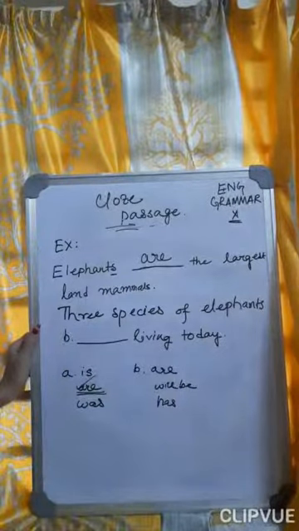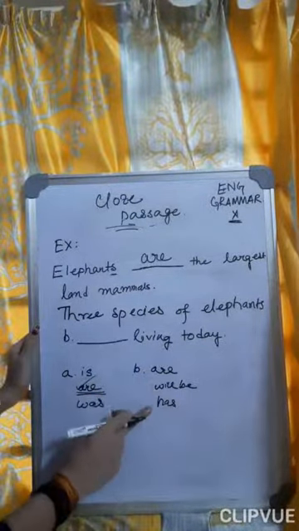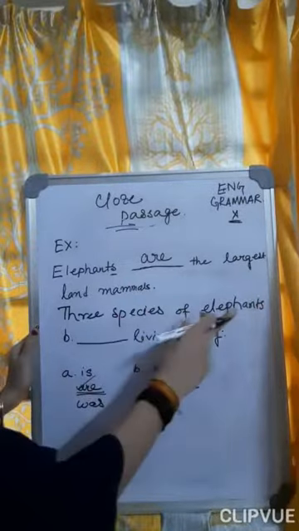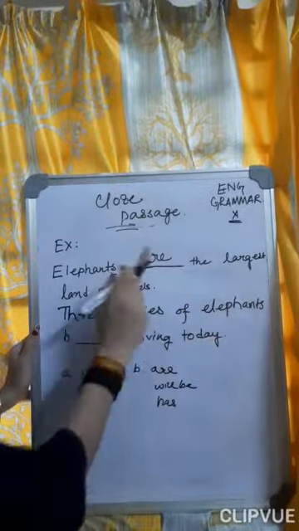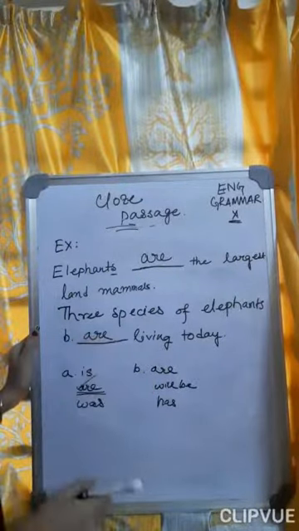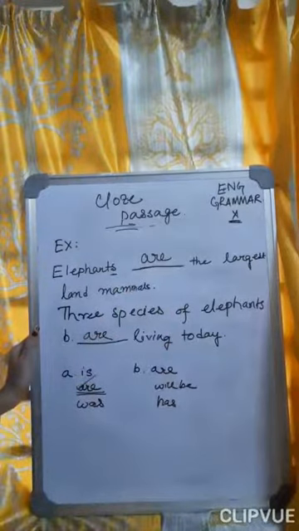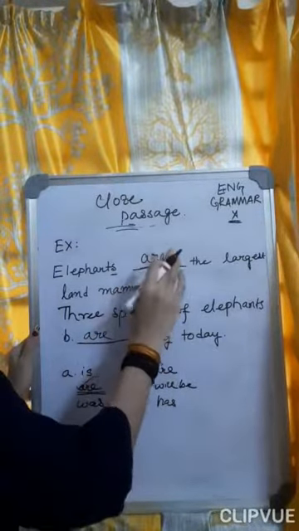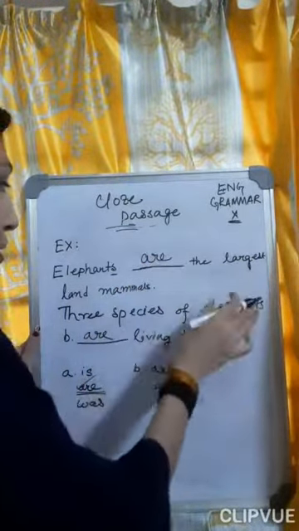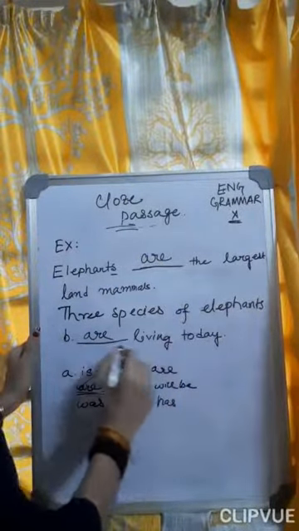Either it will be are, will be, or has. So here also it will be are. Why? Because it's not going to be will be, since this is a tense we are continuing. It's not about future things. Elephants are the largest. So three species of elephants are living today.